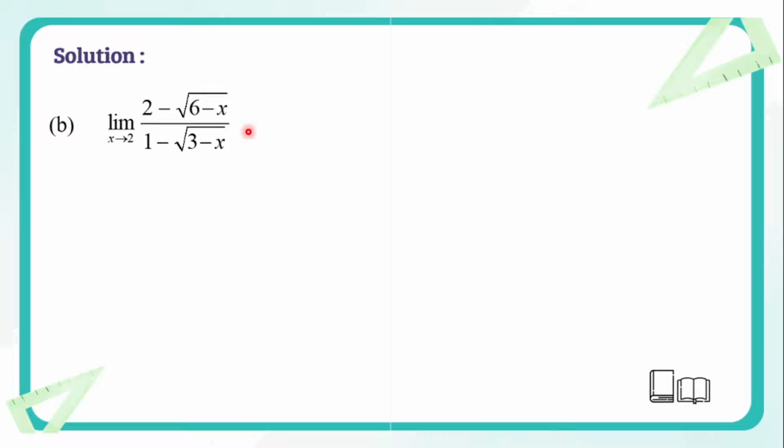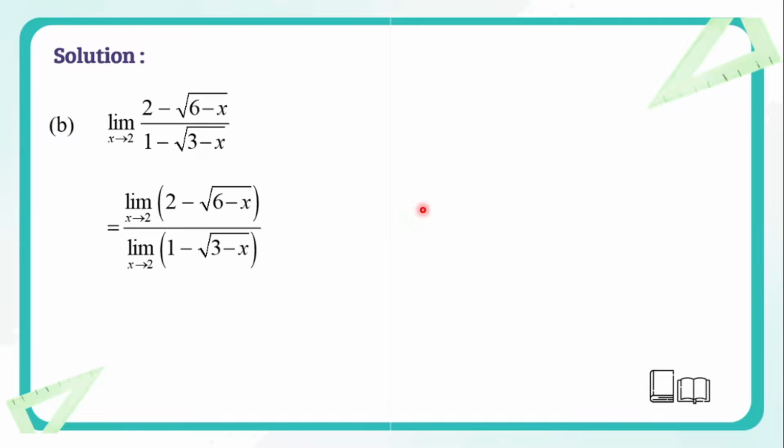Now we have square root expressions for both the numerator and the denominator. Better we split this limit like this by using the properties of limit. Then next, we can multiply both the numerator and the denominator by their own conjugates.